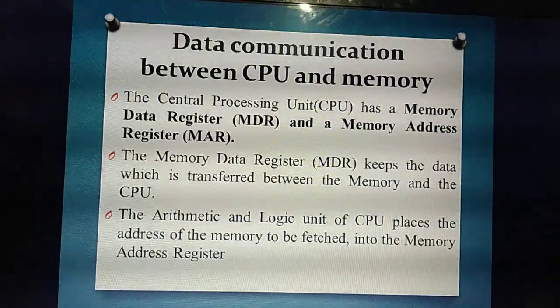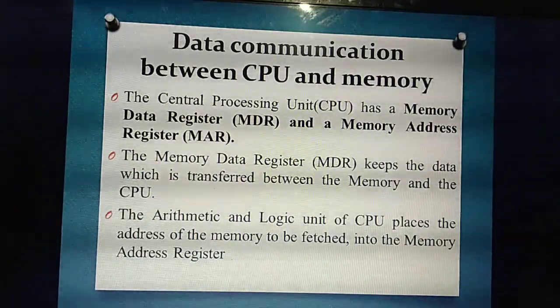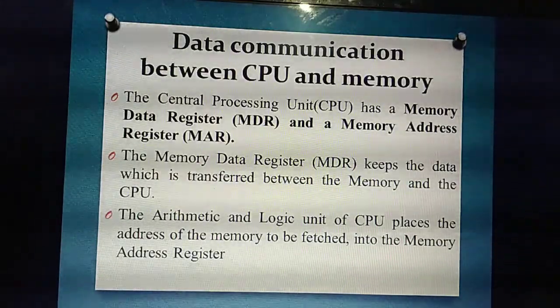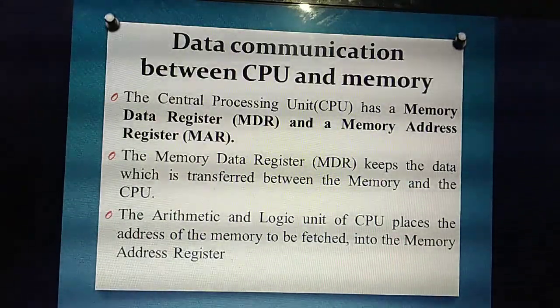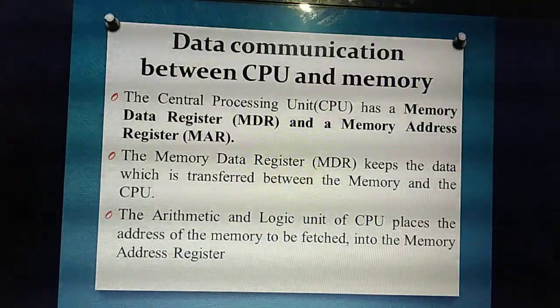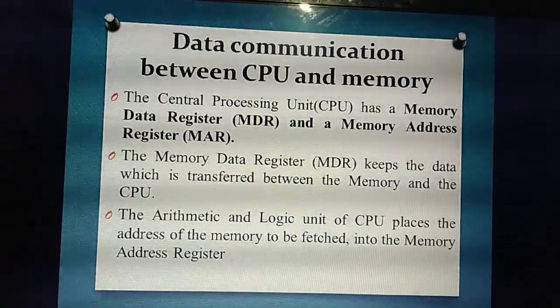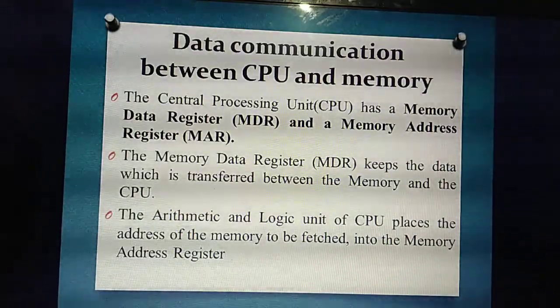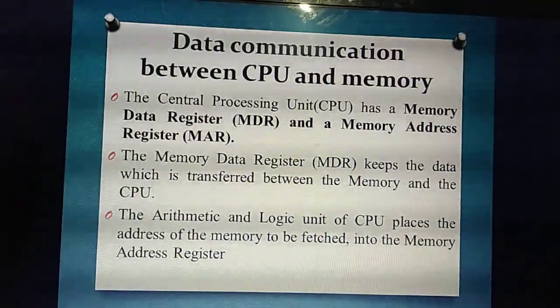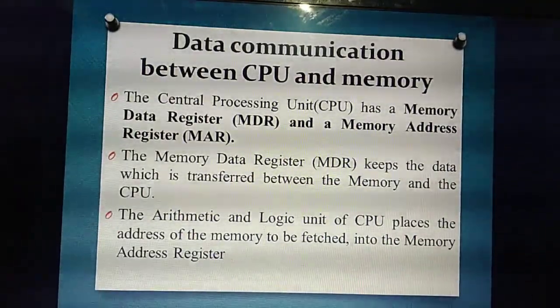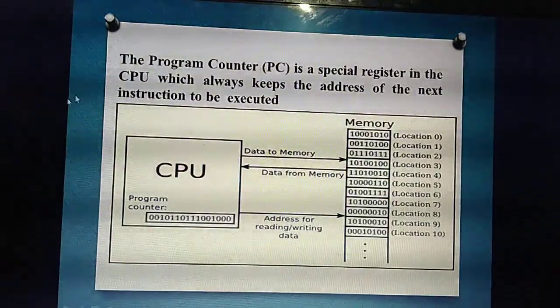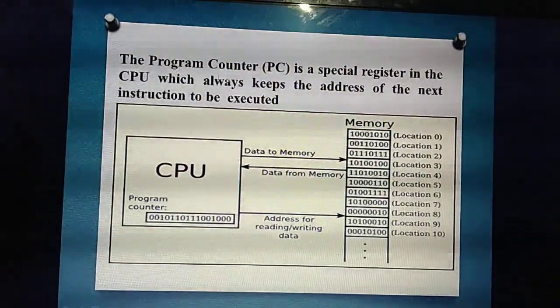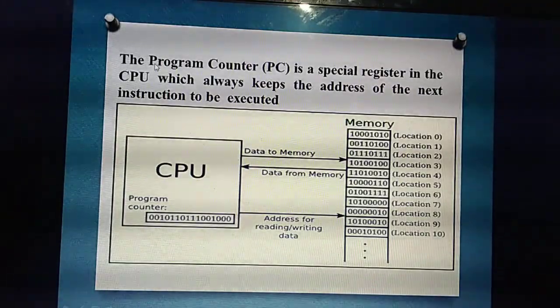Everything stored in the memory is stored based on addresses. All those addresses are kept track of by the memory address register, and these addresses are handled by the arithmetic and logic unit. Understand? Yes. Next we are going to study the program counter, PC.